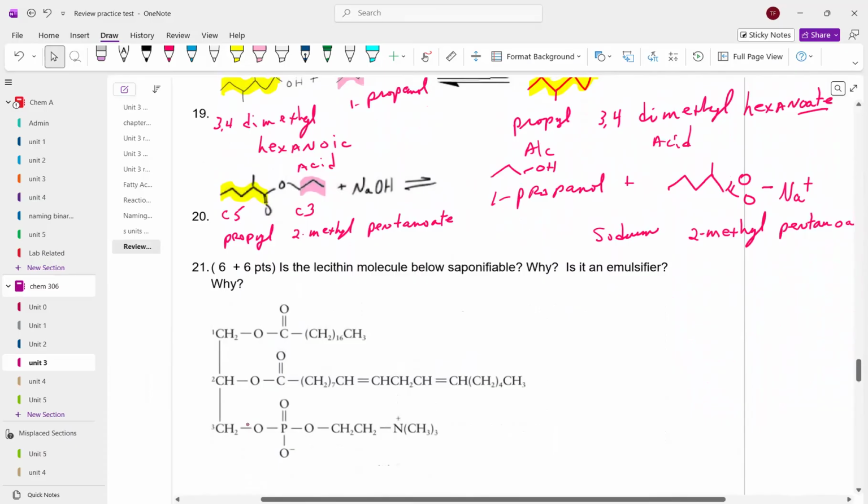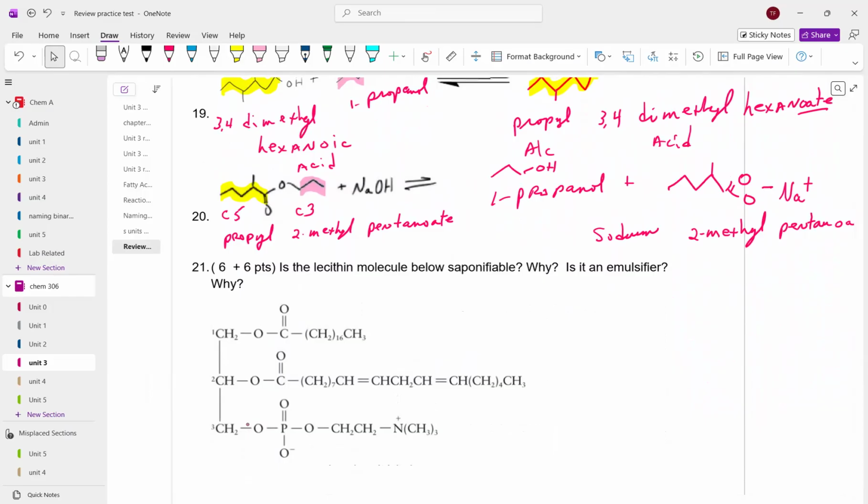Okay, so here we have lecithin. It says, is the lecithin molecule below saponifiable? What do we look for? Exactly. If it's got an ester there, it's saponifiable.